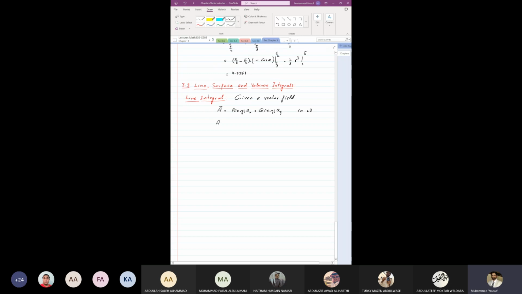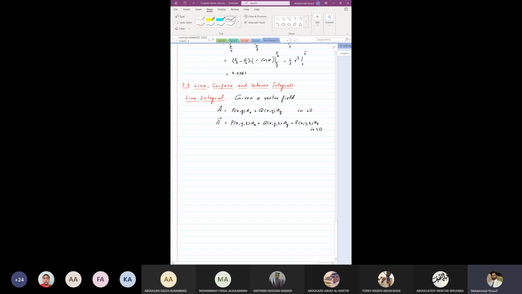And the vector field will be P of x, y, z ax plus Q of x, y, z ay plus R of x, y, z az in 3D. So this is a field of vectors.